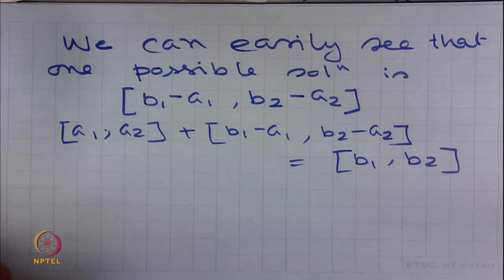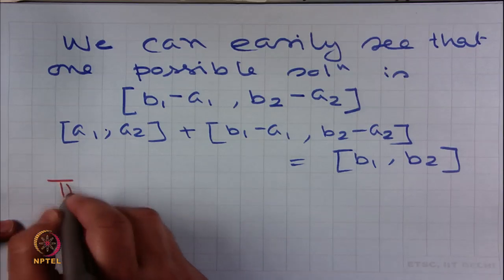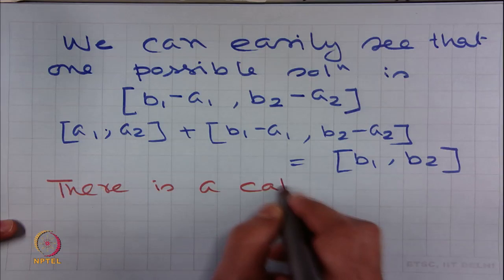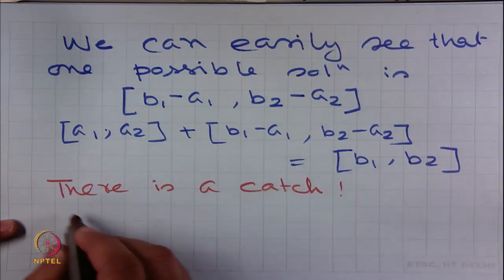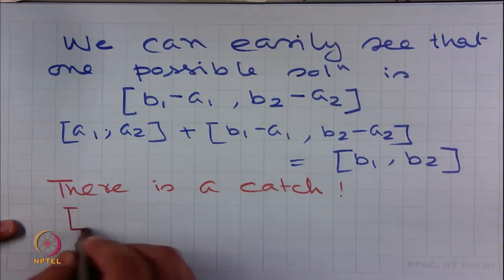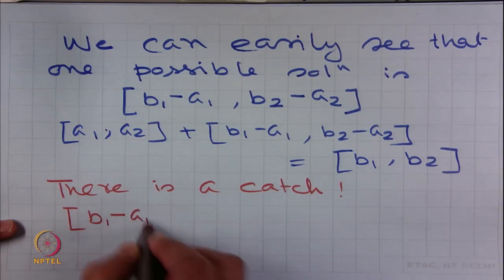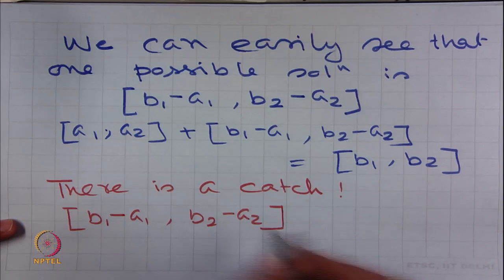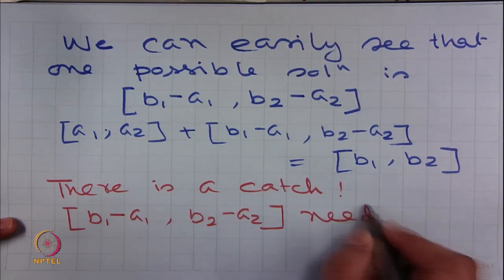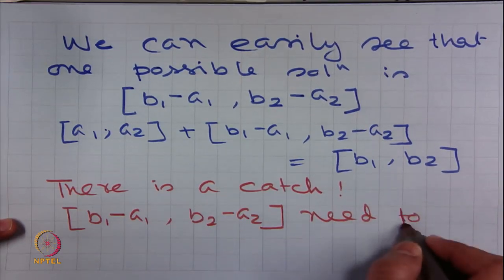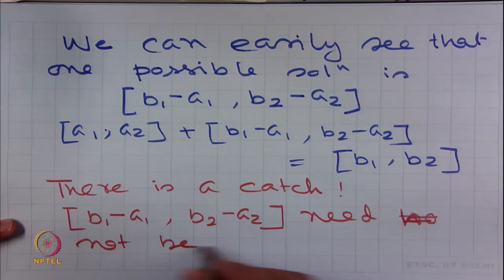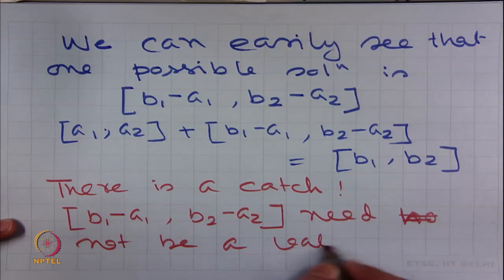But it is not so simple. There is a catch. B1 minus A1 comma B2 minus A2 need not be a valid interval.